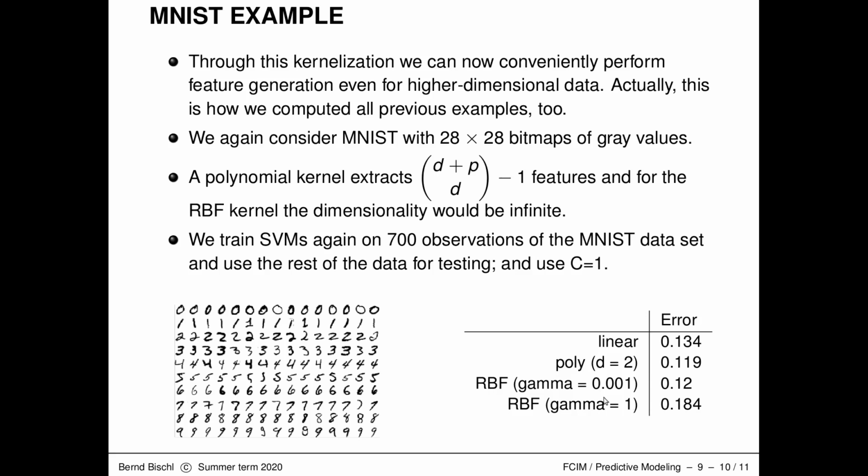You can also see that if you set the gamma parameter wrongly, then you can also obtain quite bad results. So in general, we really have to tune the SVM. We have to tune these kernel parameters. We also have to potentially consider different kernel functions. So the model selection problem for the SVM is, well, I'm not sure whether I want to say difficult, but you have to do this correctly to get appropriate results.